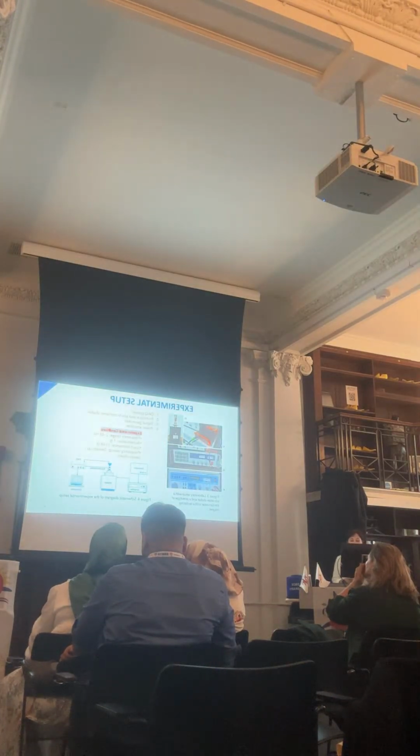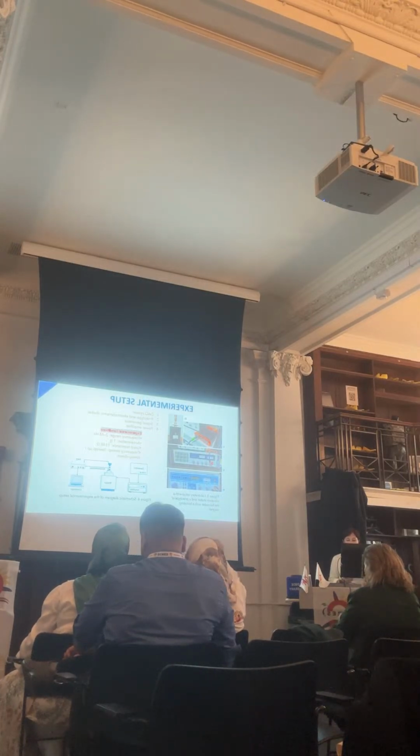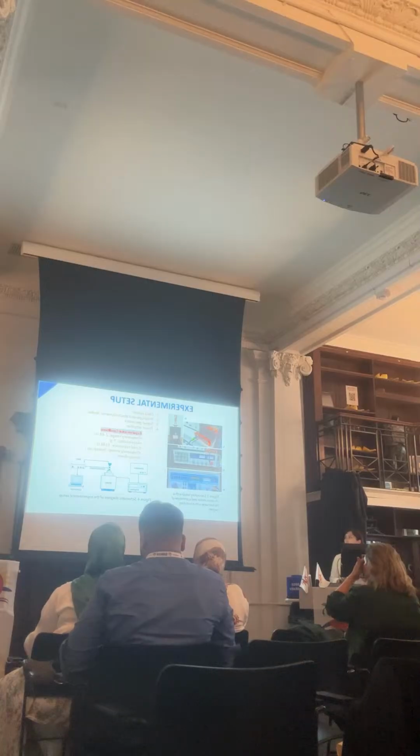Second slide, experimental setup. To evaluate the performance of the harvester, an experimental setup was assembled. The prototype was mounted on an electrodynamic shaker. The excitation frequency was varied from 2 to 48 Hz.